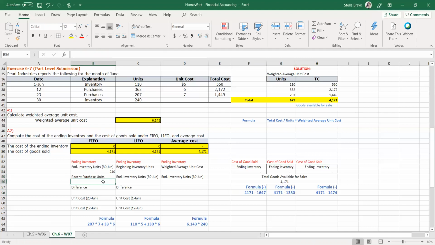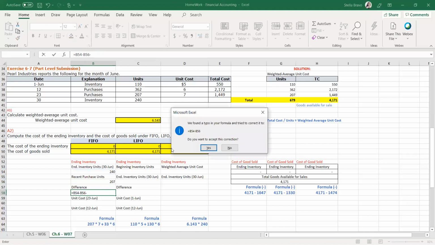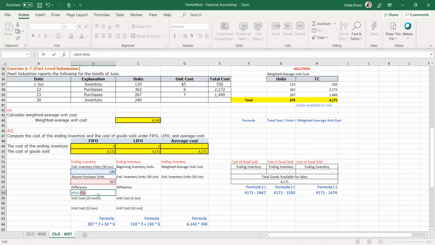We're going to need the units from our last purchase, which is 207. And we need the difference between these two, so this minus this. So the difference is 33.